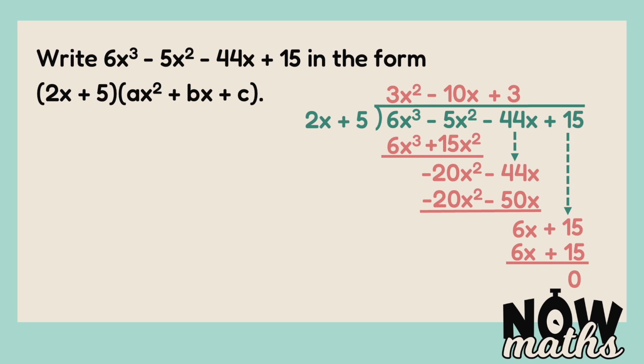This tells us that if we multiply 2x plus 5 by 3x squared subtract 10x add 3, we get the cubic in the question. So 3x squared subtract 10x add 3 is the quadratic we're looking for, and we can write the cubic as 2x plus 5 multiplied by 3x squared subtract 10x add 3.